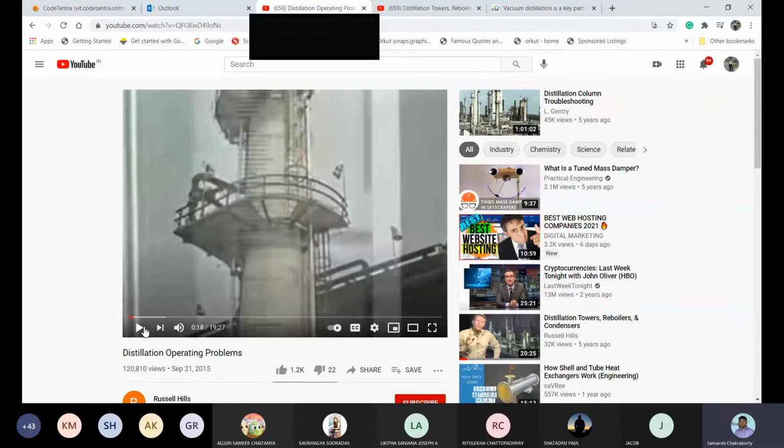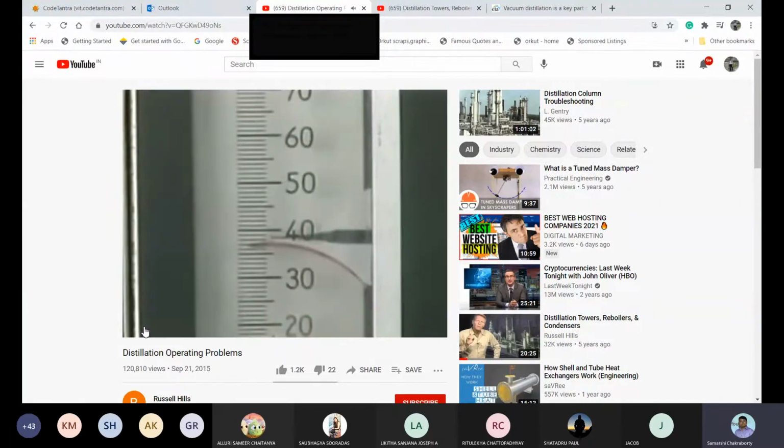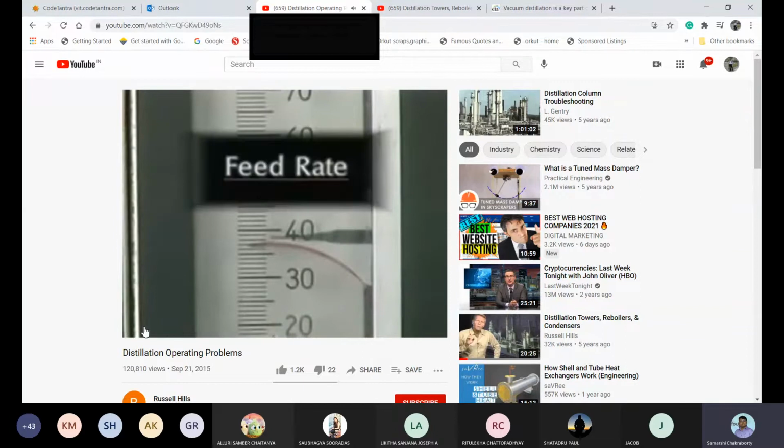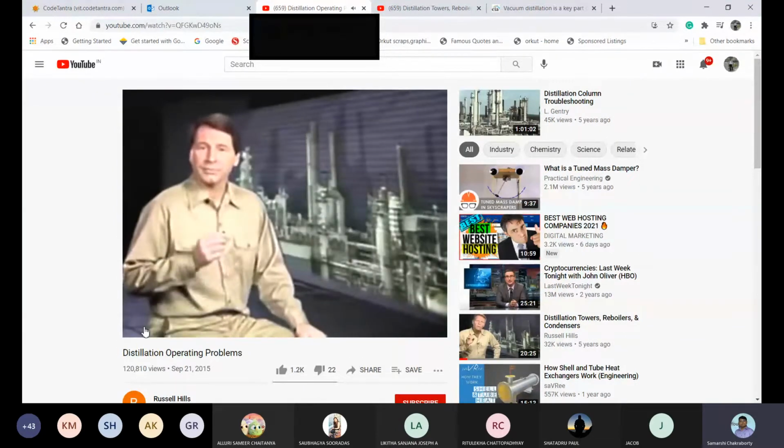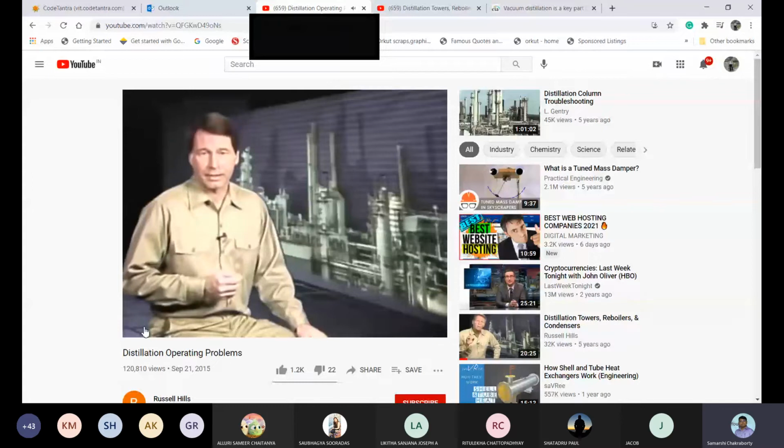Yes, sir. Okay. One aspect of operation that can affect this balance is the system's feed rate. The feed rate is the rate at which feed mixture is pumped to a column. The flow of feed to a column can affect the quantity and quality of overhead product and bottoms product. For that reason, an optimum feed rate is normally determined mathematically based on system equipment and the materials being processed.